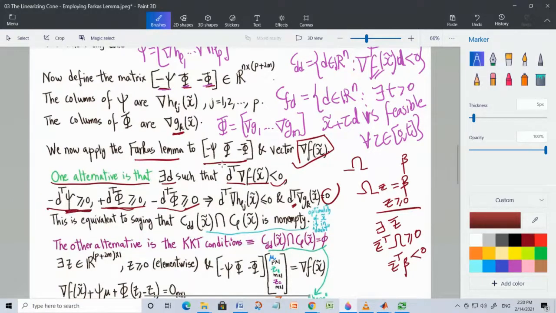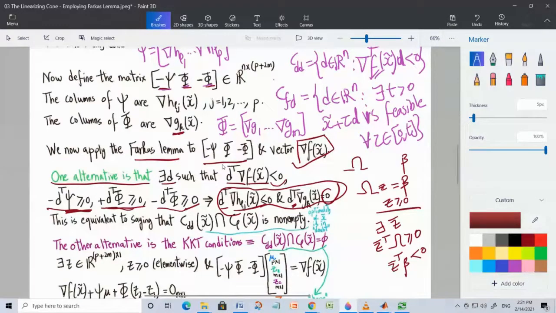And you take this inequality, multiply both sides by -1, and you get that the inner product of D and the gradient of any of those functions involved in the active inequality constraints is non-negative. What is the meaning of this? D is also in what cone?